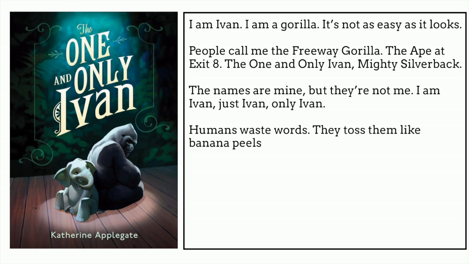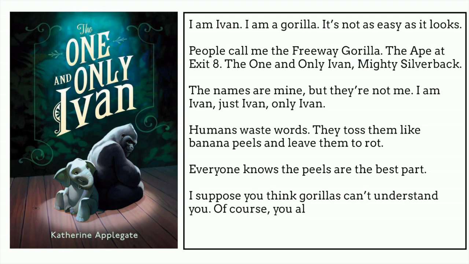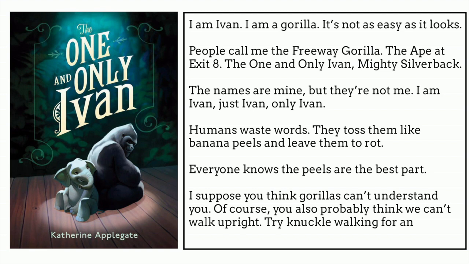Humans waste words. They toss them like banana peels and leave them to rot. Everyone knows the peels are the best part. I suppose you think gorillas can't understand you. Of course, you also probably think we can't walk upright. Try knuckle walking for an hour. You tell me, which way is more fun?